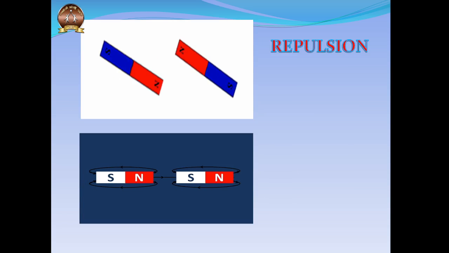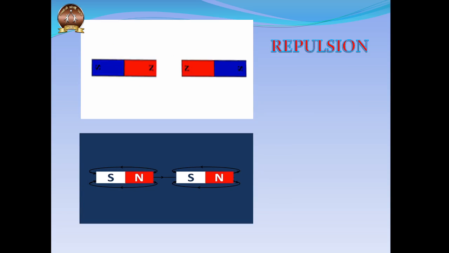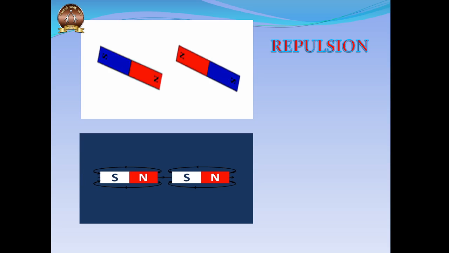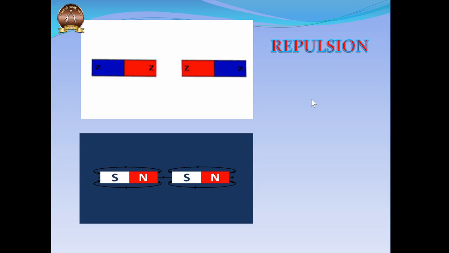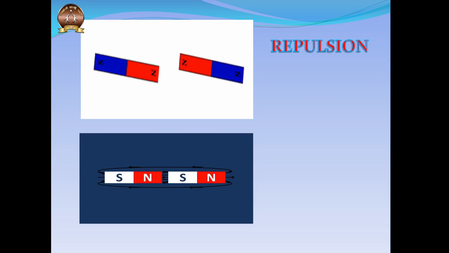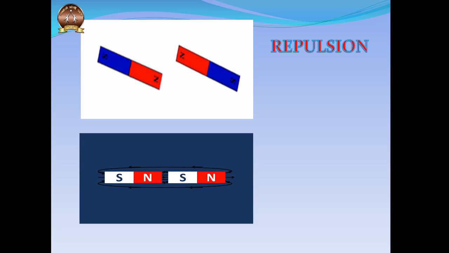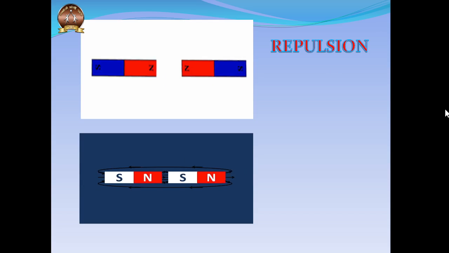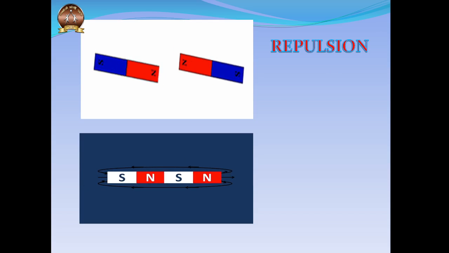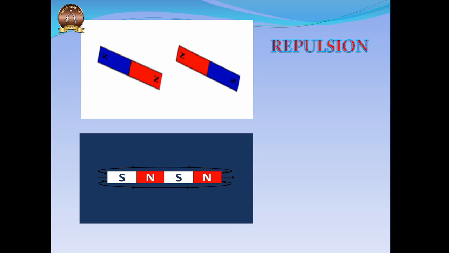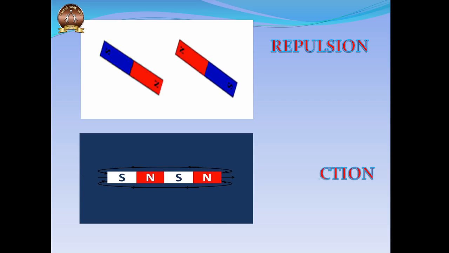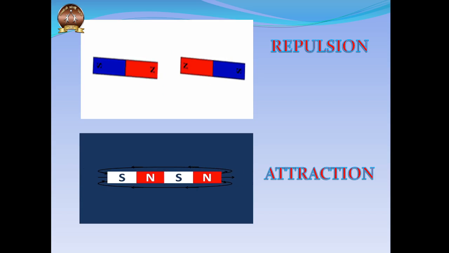When like poles, that is, the same poles of two magnets are brought together, they basically push apart each other, and this is what is called repulsion. When the unlike poles, that is, the opposite poles of two magnets, are brought towards each other, they attract or come closer to each other immediately on their own, and that is what is called the property of attraction.